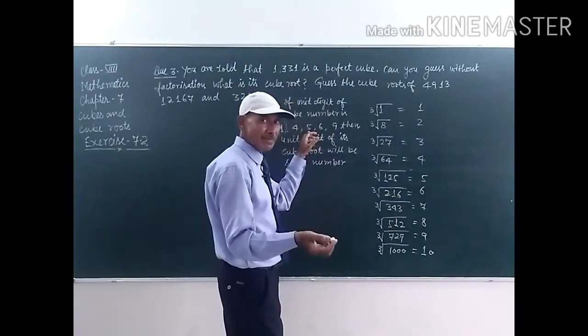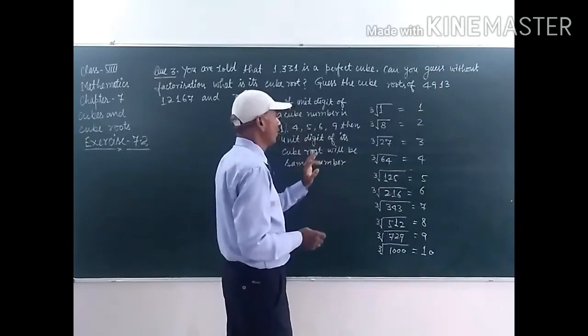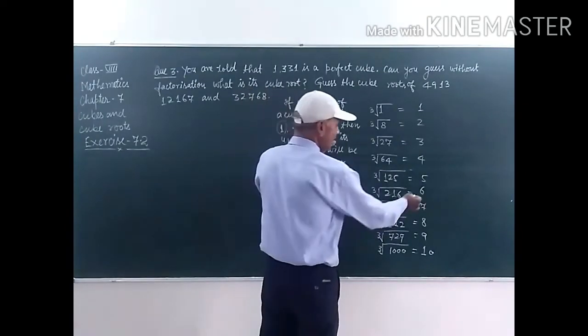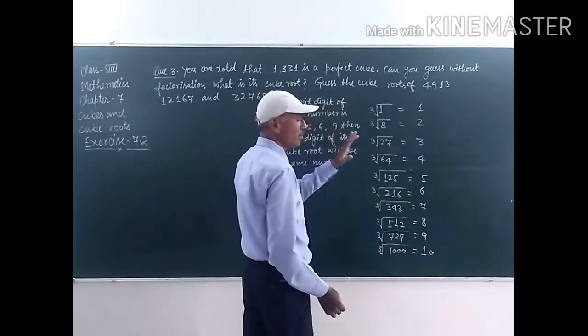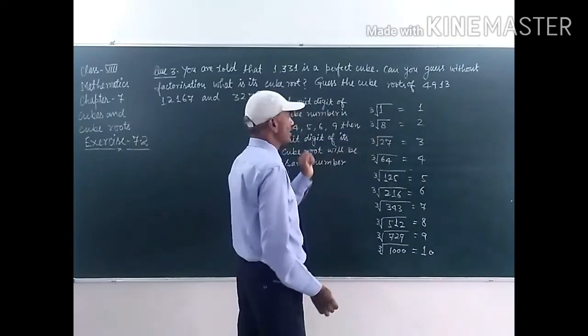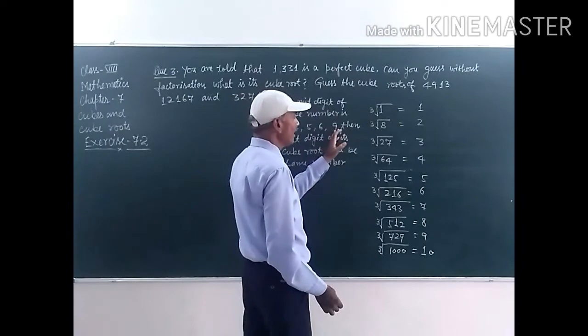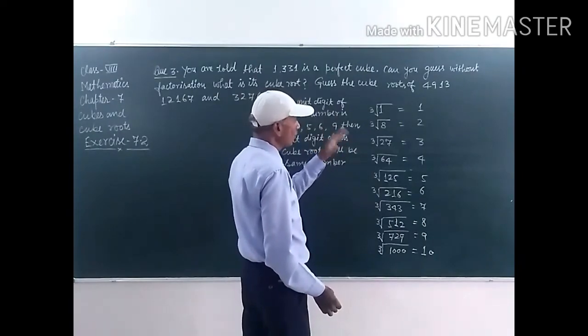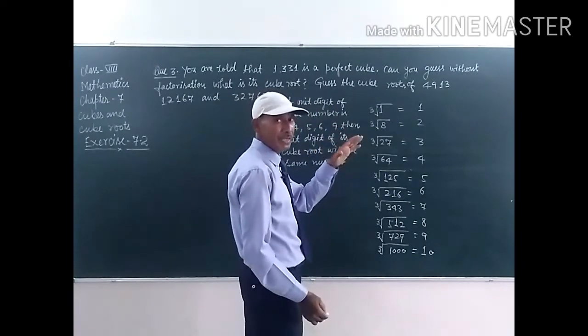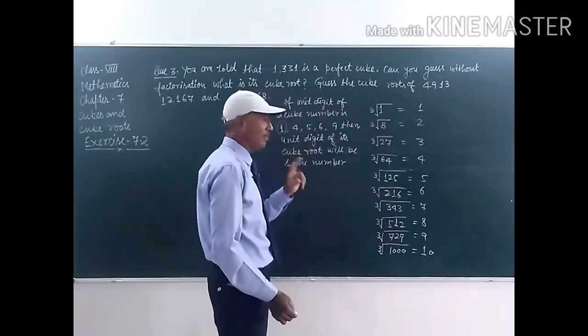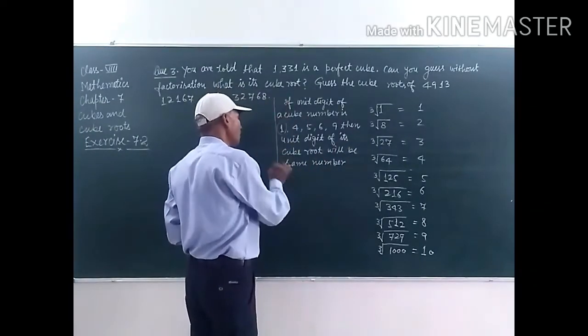If the unit digit is 6, then the cube root's unit digit will also be 6. If the unit digit of the cube number is 9, then in its cube root the unit digit will be 9. That will be the same number. This one is the first rule, student.